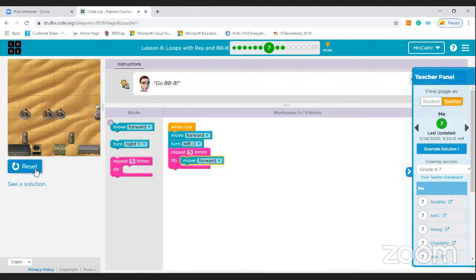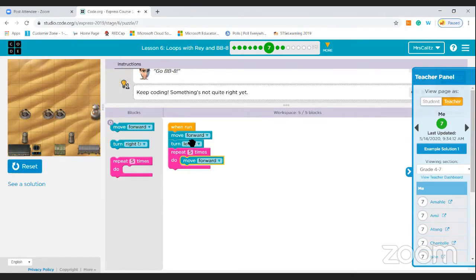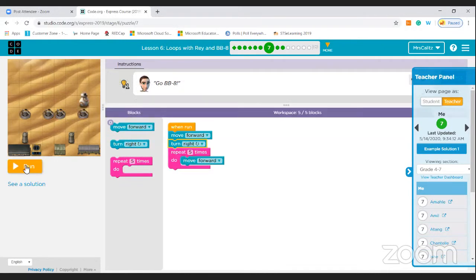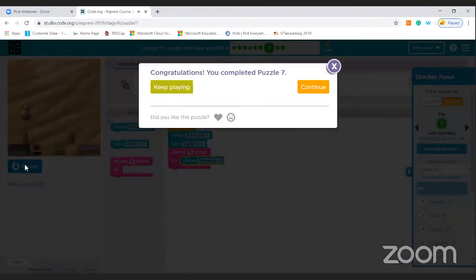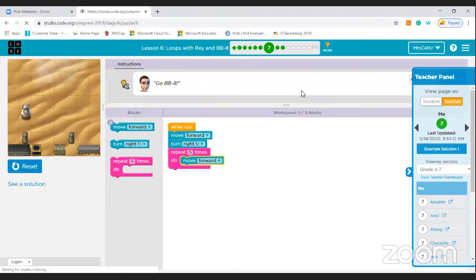Oops, I wasn't supposed to turn left. I was supposed to turn right. Let me do it again. Did you get that? Kamu and Gao, can I carry on?